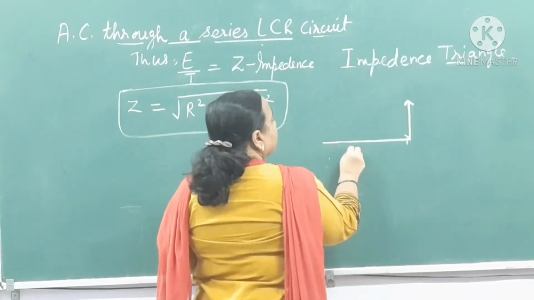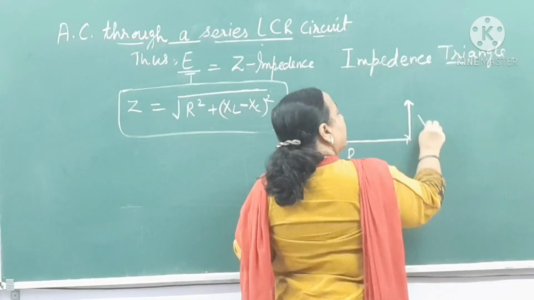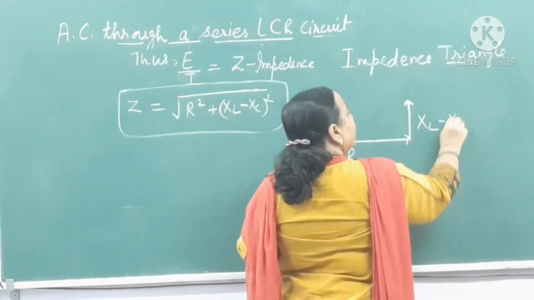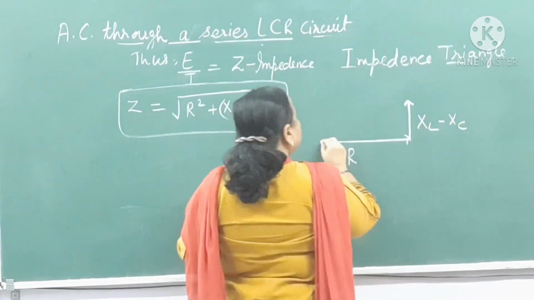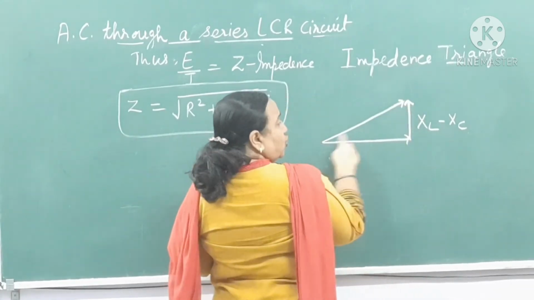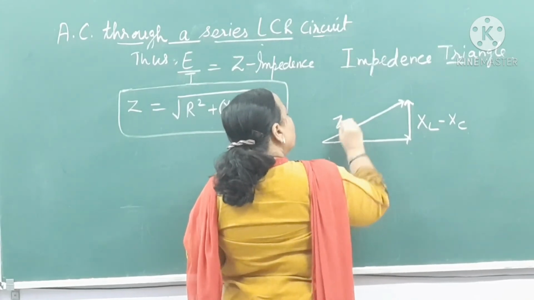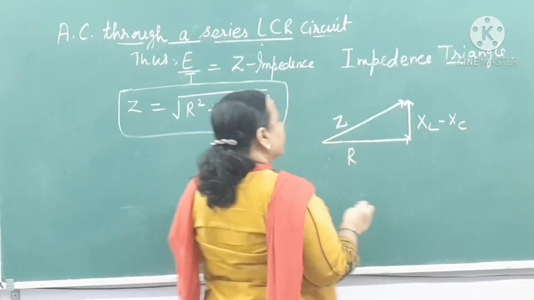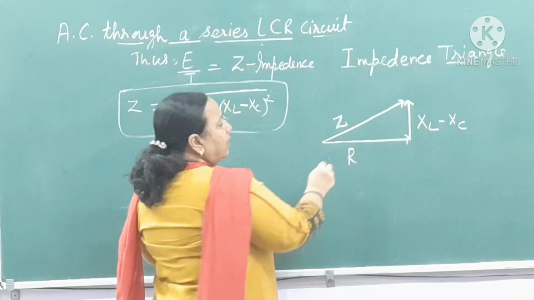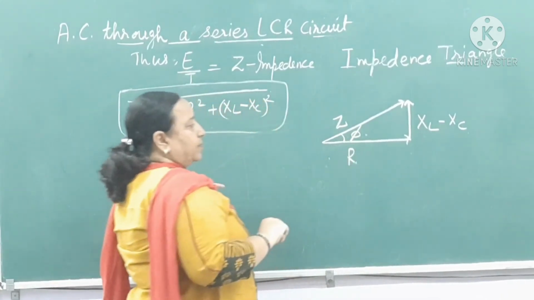This is representing R. Here it is XL minus XC, and this third side of the triangle shows the resultant of these two vectors, which is equal to Z, the impedance. Now what is the angle between R and Z? It is equal to phi.